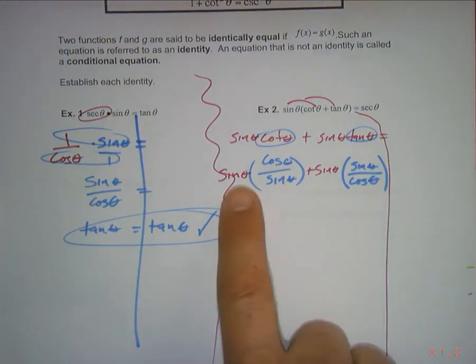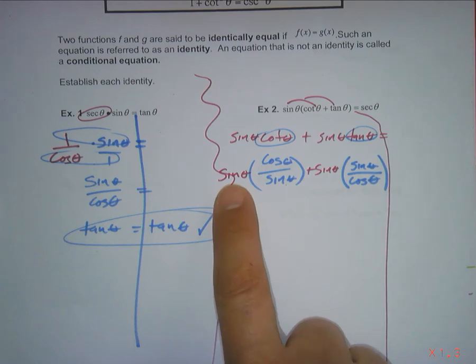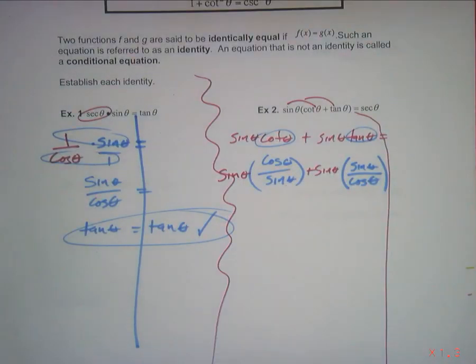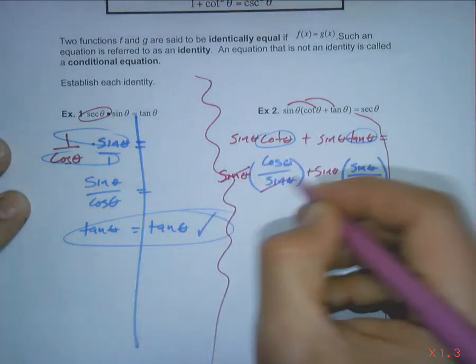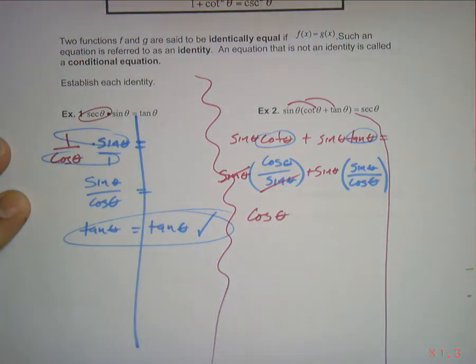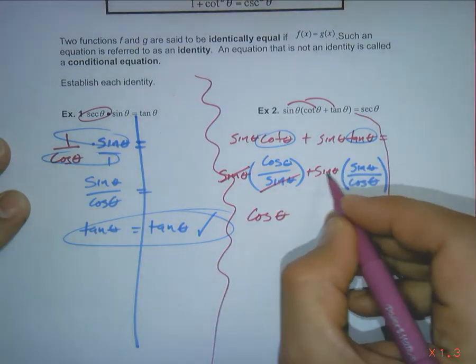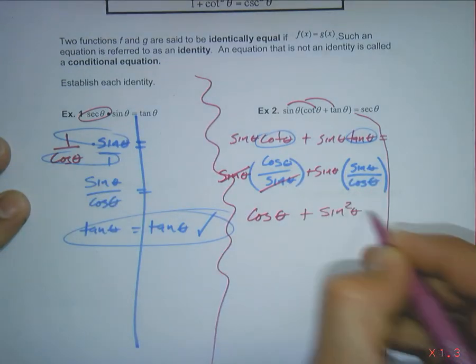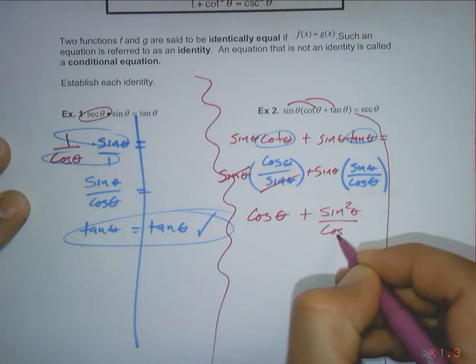All right, so when I take a look, well, what's going to happen when I take sine times cosine over sine? Yeah, these guys are going to cancel out. And that leaves me with just cosine. And now when I take sine times sine, that ends up to be sine squared over cosine.